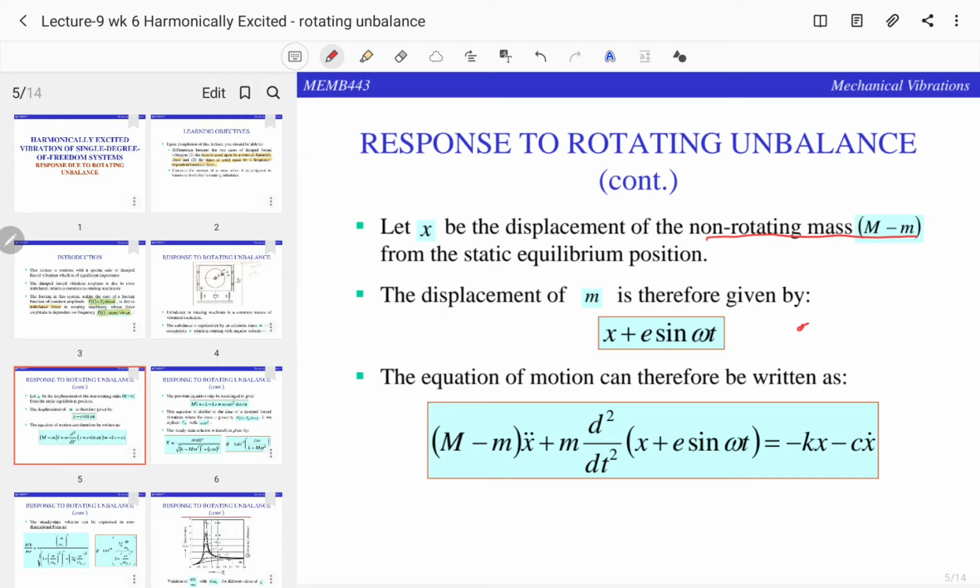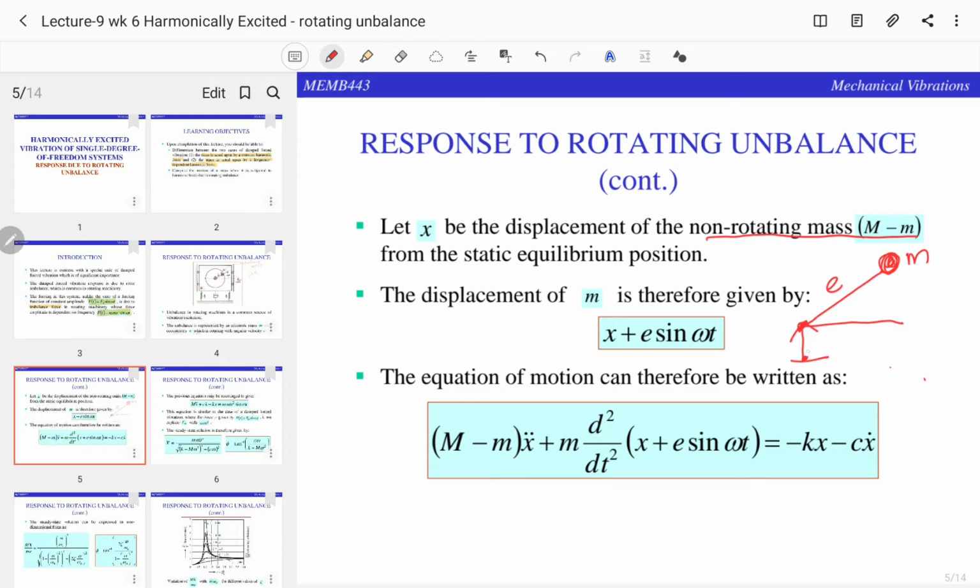If you remember, the mass is at the end like this. So basically what it's saying is this point here experiences a displacement of x. Let's say this is the original position of the center of your rotating machine.